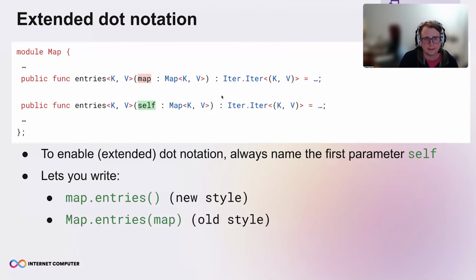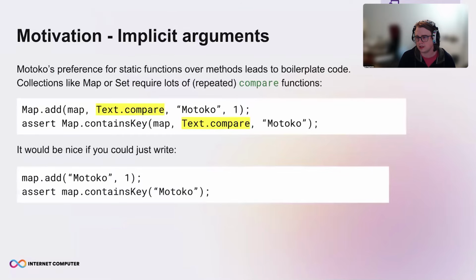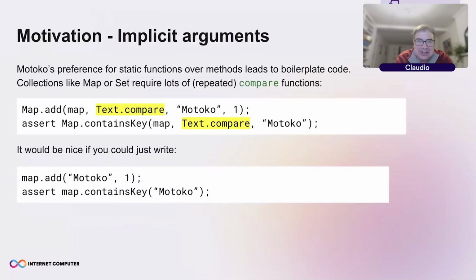Next slide, please. And here's where Claudio is going to take over and talk about implicits. Hello. Well done, Christoph. So the second part is implicit arguments. Motoko has this preference for static functions over methods that you get from OO languages, and sometimes this can lead to boilerplate code.